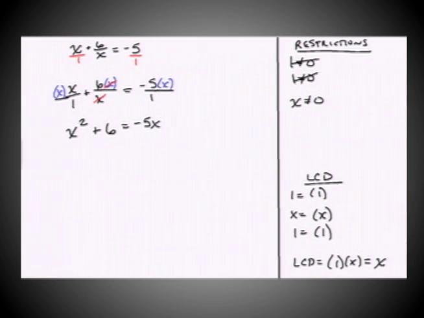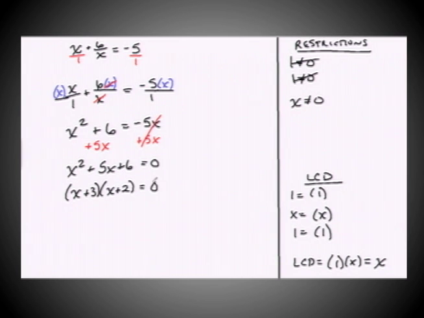So to do that, we have to first have our equation equal to 0, so I'm just going to add 5x to both sides to give x squared plus 5x plus 6 equals 0. We factor the left-hand side there, which gives x plus 3 times x plus 2. If you don't remember how I just factored that, you can go back and watch the video tutorial on factoring trinomials whose leading coefficient is 1 to help you understand how I just did that.